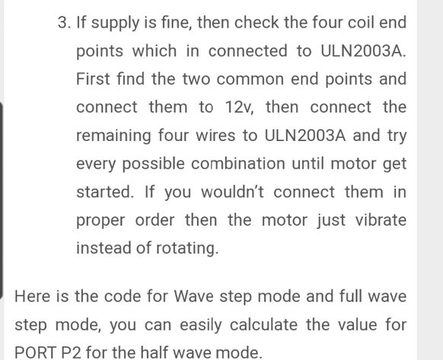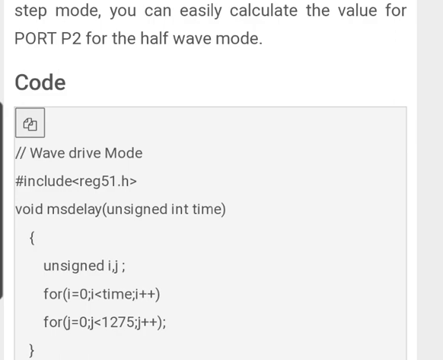Now the next is the code for the wave drive mode and full drive mode. We can easily calculate the value for the port P2 for the half wave mode. Now here is the wave drive mode. The code is given here.